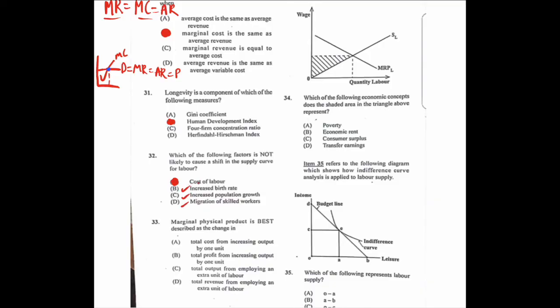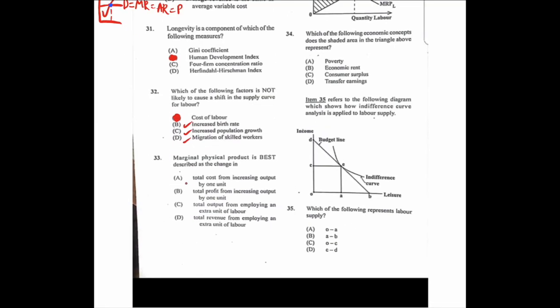The cost of labor would actually cause a movement along the supply curve, either expansionary or contractionary. 33 says marginal physical product is best described as C, the total output from employing an extra unit of labor.